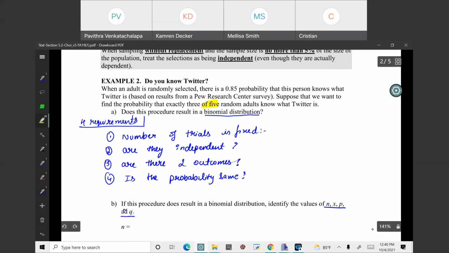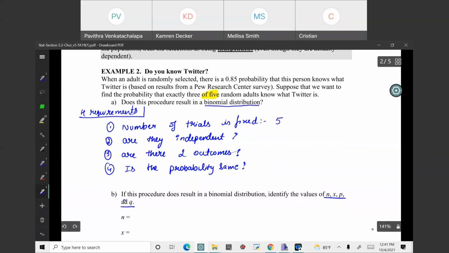Exactly 5. So here trials are nothing but the number of people. So it is 5. It is fixed. There is no number given for the number of trials other than 5. So it is fixed. So the first requirement is satisfied.